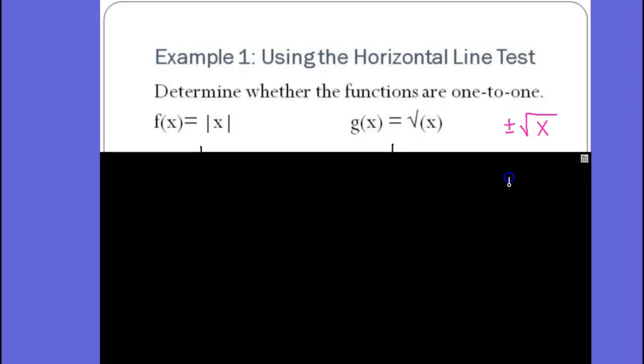Okay? Example 1. Using our horizontal line test, determine whether the functions are one-to-one. So we have f of x equals the absolute value of x, and g of x equals the square root of x.